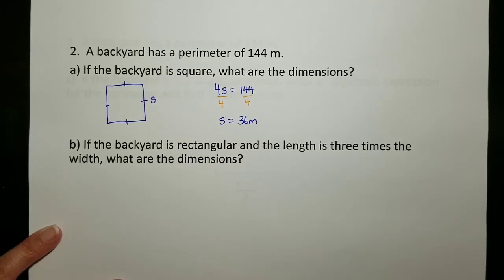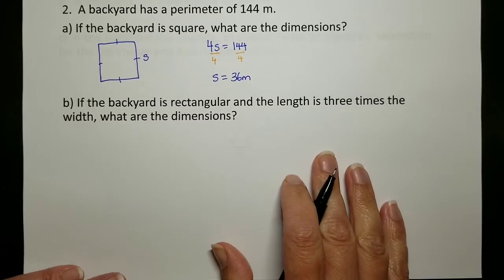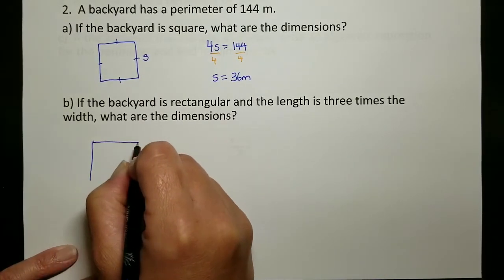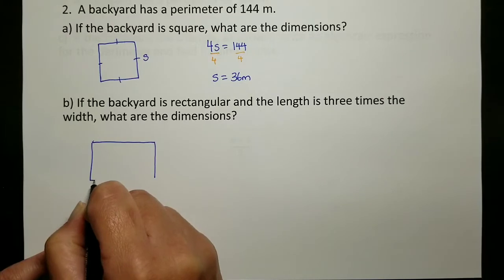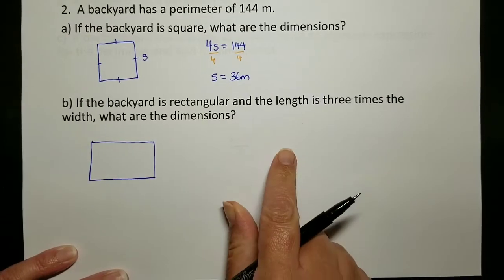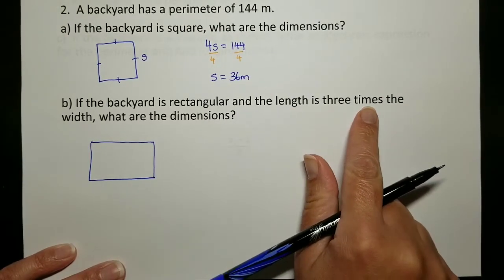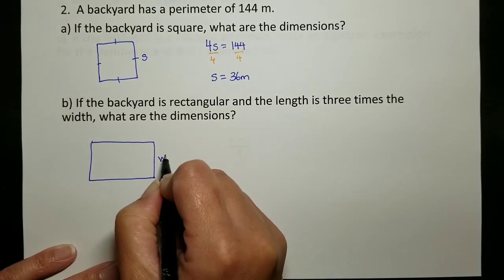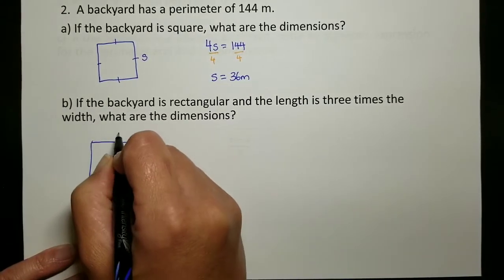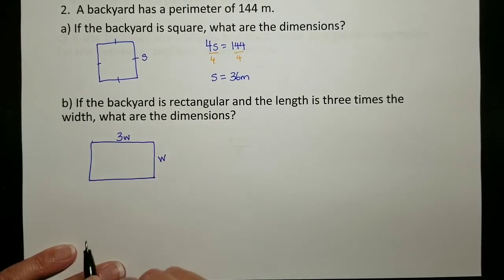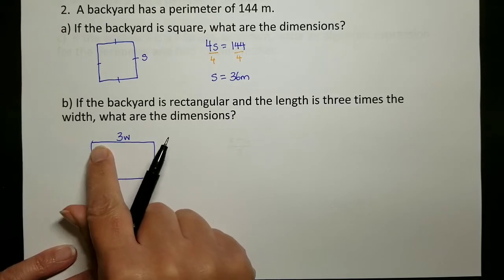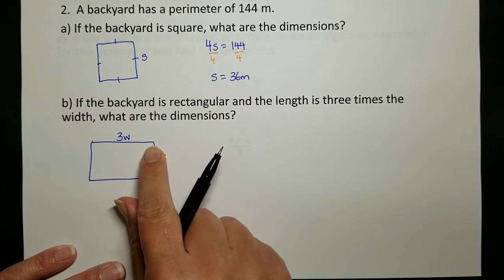Pretty straightforward. For B, it says the backyard is rectangular, and now it says the length is 3 times the width. So I'm going to label a W there, but here I'm going to put 3W. So the width times 3 gives me how long the length is.